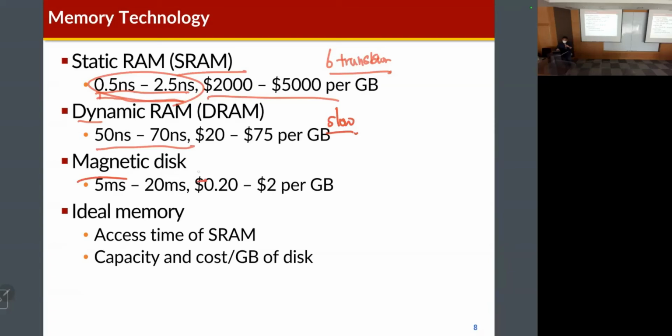So how about the magnetic disk? The latency is in milliseconds. Very, very slow compared to the CPU. But the cost for storage is very, very low, so that's why we use magnetic disks as the primary storage devices.